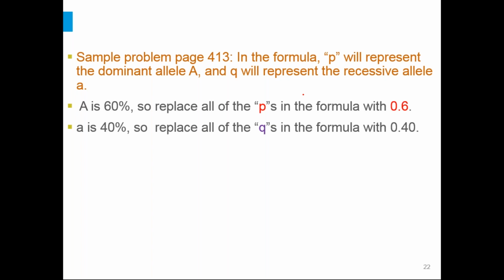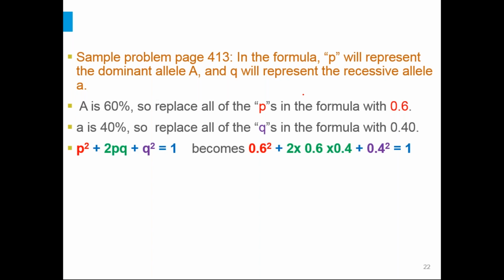Because instead of percentages, we use decimals, so 60% becomes 0.6. So every time there's a P in the formula, we replace it with 0.6. And the problem tells us that the frequency of the recessive allele, lowercase a, is 40%. That becomes 0.40. So we're going to replace all the Q's in the formula with 0.40.